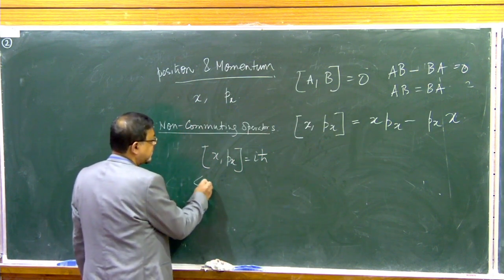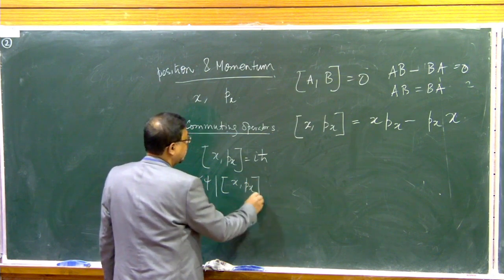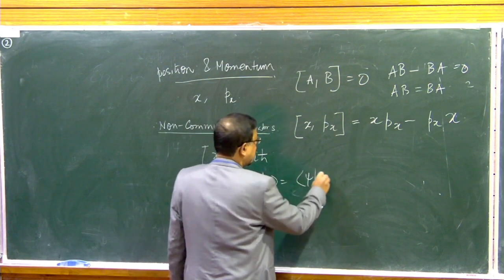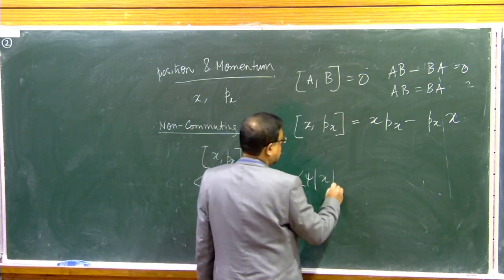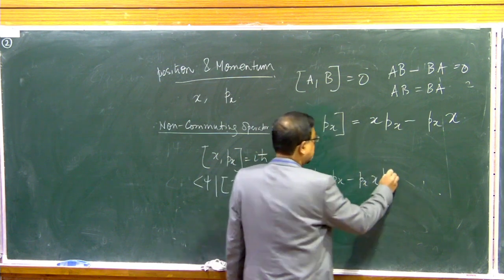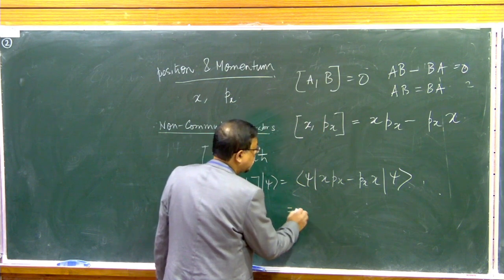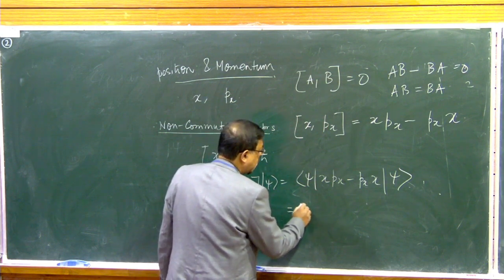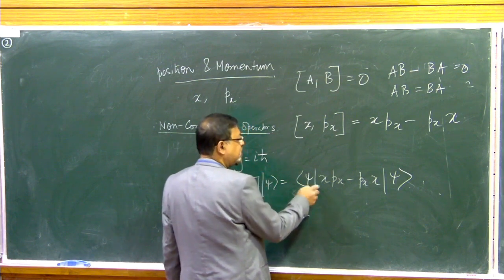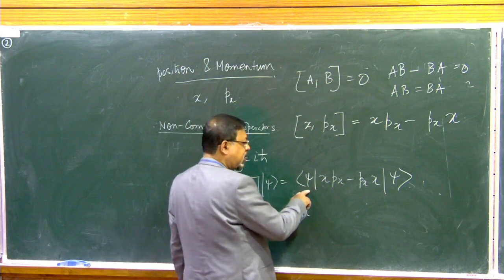If you take this psi and take this commutator, then this becomes psi x px minus px x psi, and so on. And this becomes equal to x, because x acting on the psi will give you x, that is the position of the particle, because this psi is a wave function of the particle.